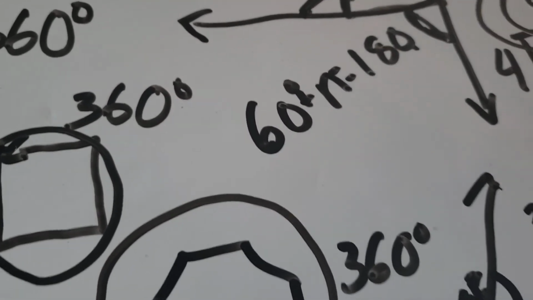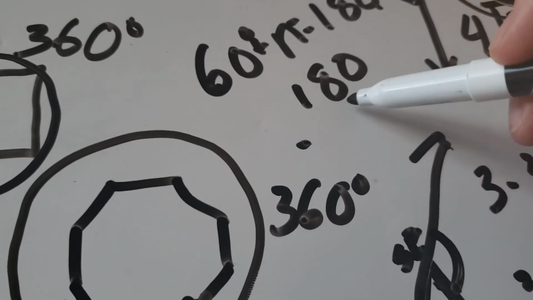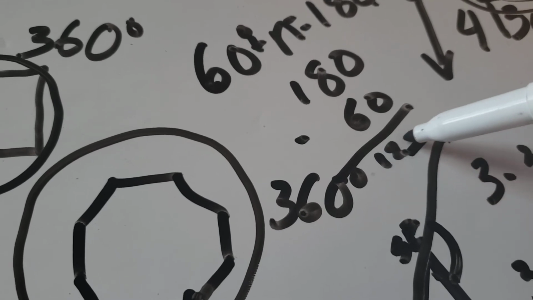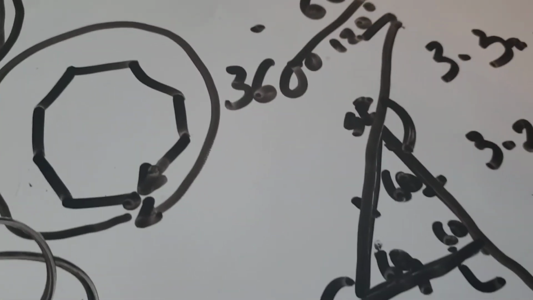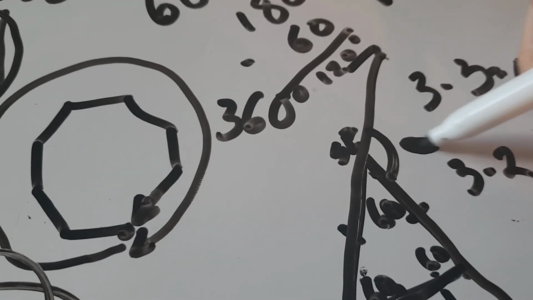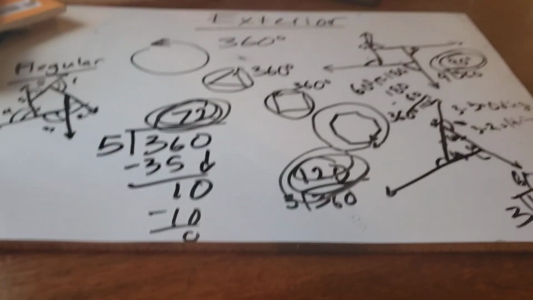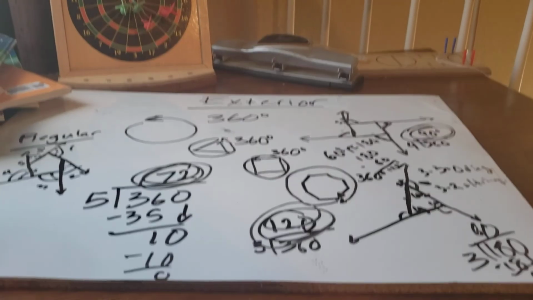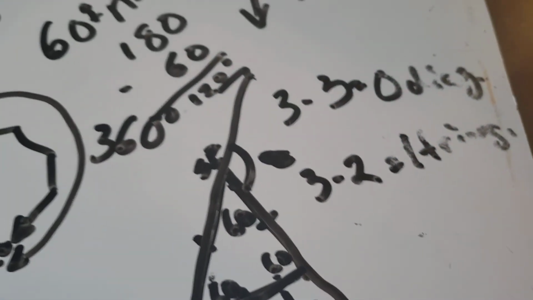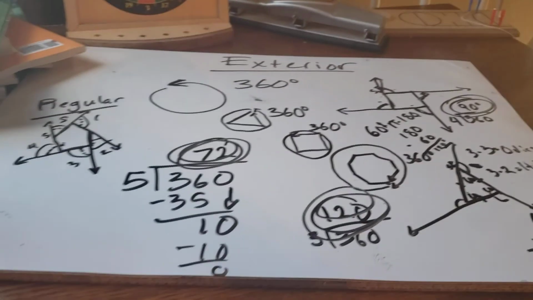Missing addend problem, subtract. 180 minus 60 gives us 120 degrees. Each exterior angle, exterior meaning outside, is 120 degrees. So 2 ways to solve that. How many turns did it take? Divide 360 by that. Or find the interior angle, subtract that from 180, that gives you your exterior angle.